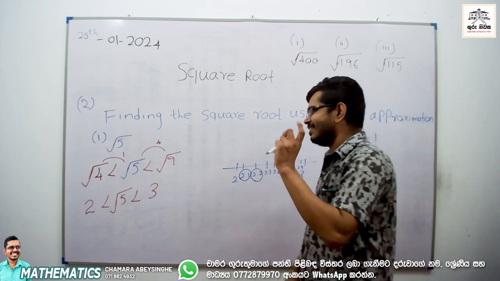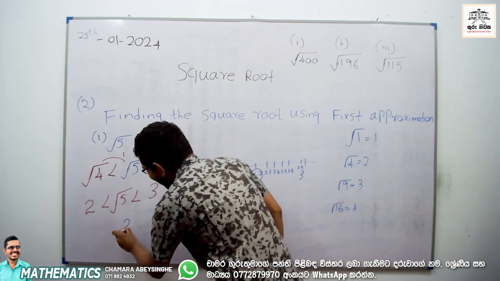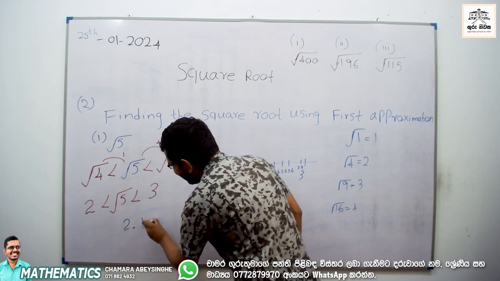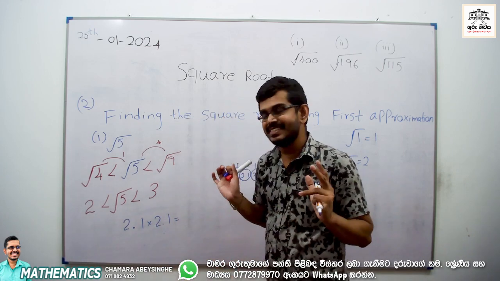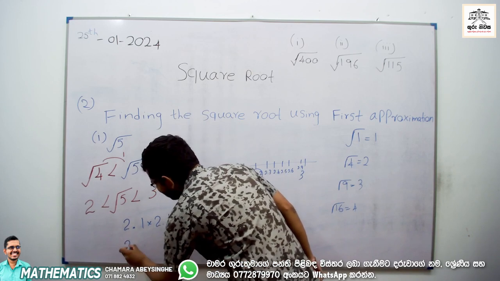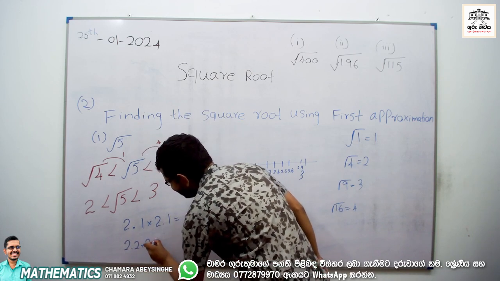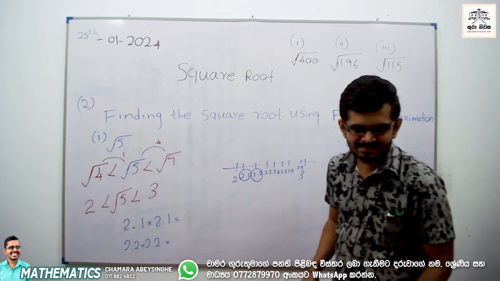So, definitely, student, we should multiply 2.1 by 2.1 and check the answer, and 2.2 by 2.2 and check the answer.